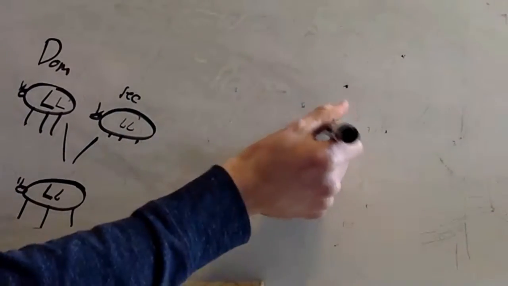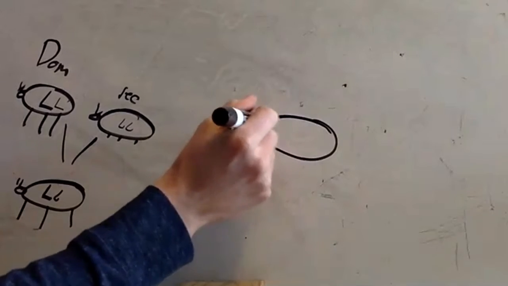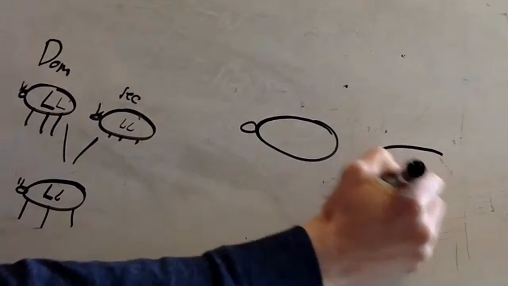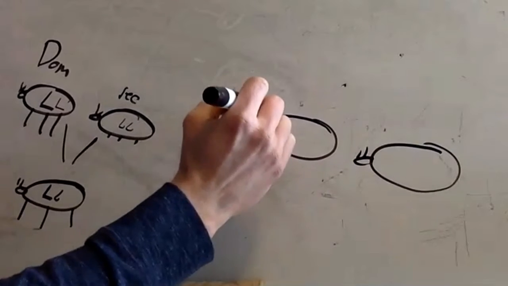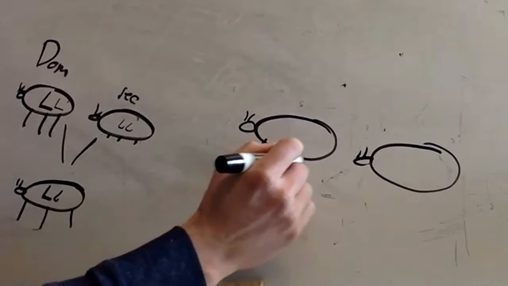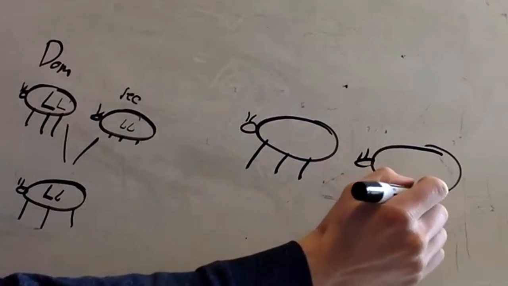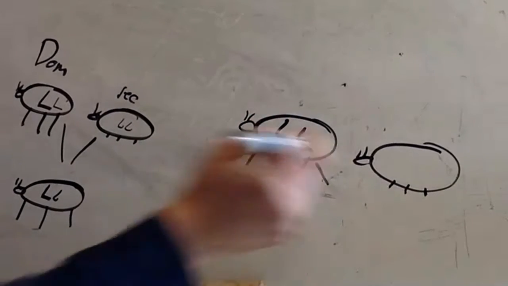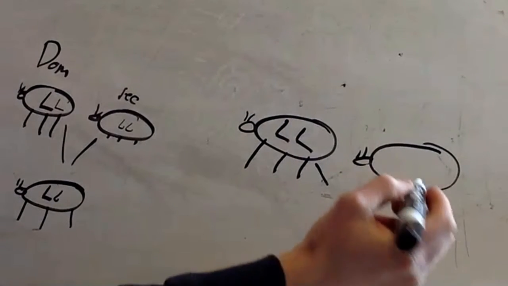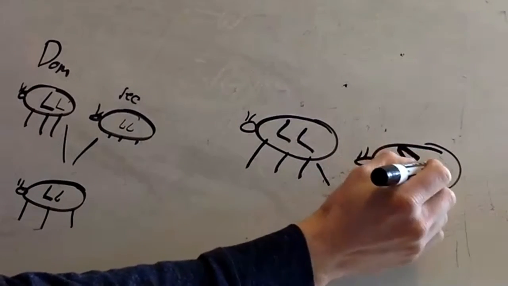But if we take the same trait and we made it a codominant trait instead, okay? Give them their antenna so they can find their way around. Long, short. If they made a baby, and again, because it's codominant, we're going to use a different letter, so we'll say short.